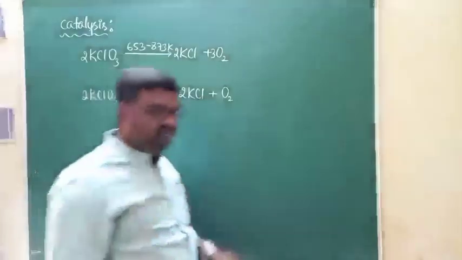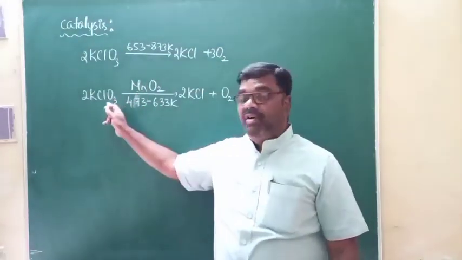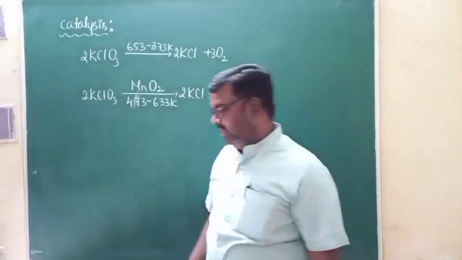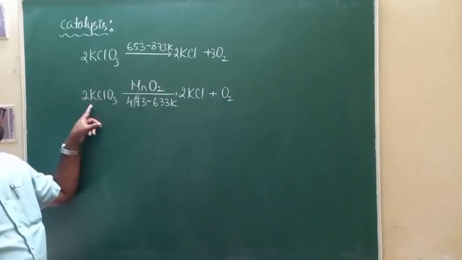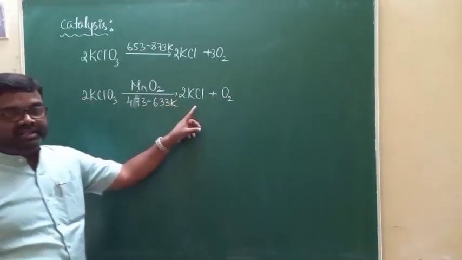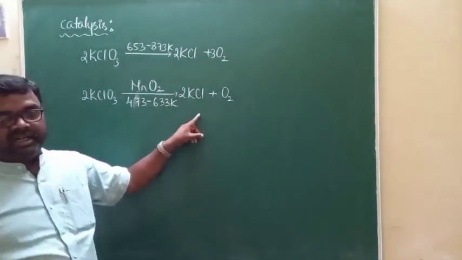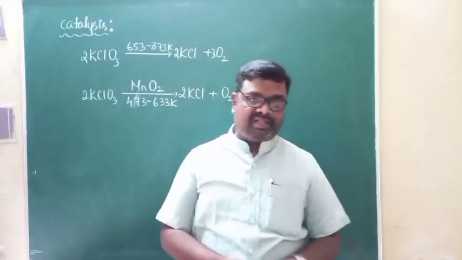It means that the presence of manganese oxide has accelerated the speed of conversion of potassium chlorate into oxygen. Or you can say, in presence of manganese oxide, the speed of decomposition of potassium chlorate has increased. That means change in reaction conditions is going to affect the rate of chemical reactions.